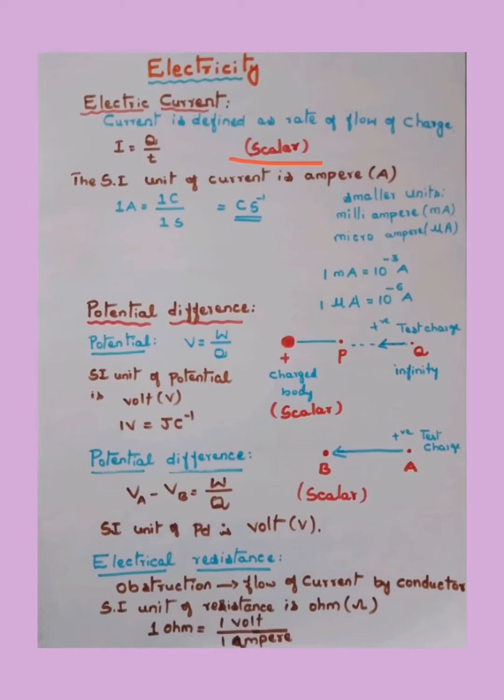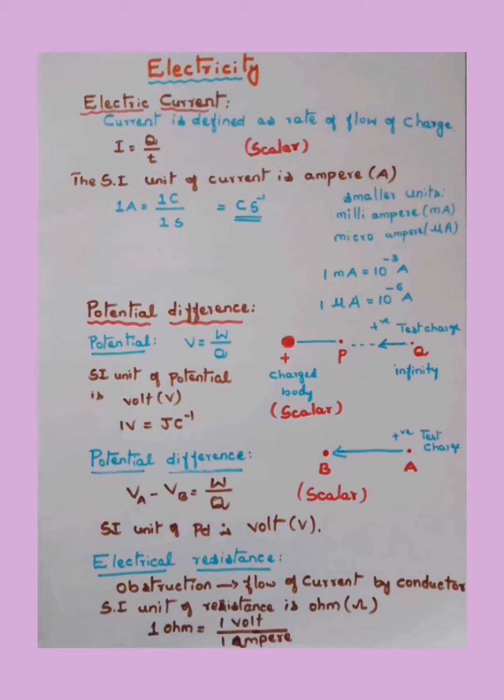They do not have any direction. Take a conductor. If it is a straight wire, current flows in this direction. If you make the same conductor circular in path, it does not have a direction, but still current flows. You make a zigzag with the same conductor, still current flows. So it does not have any particular direction. So current is a scalar quantity.